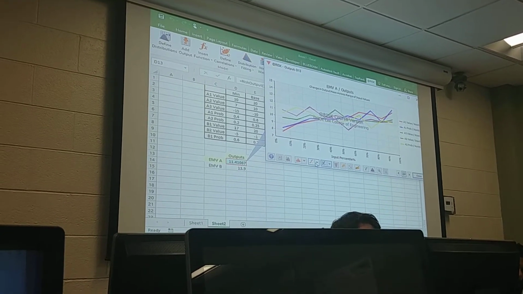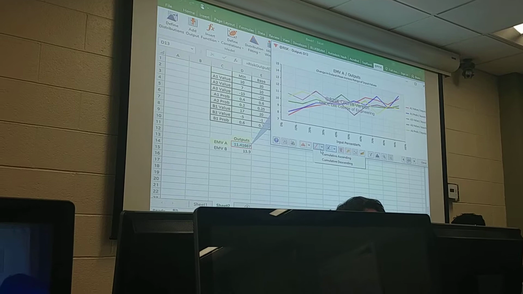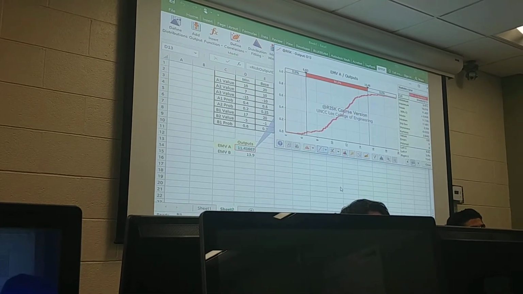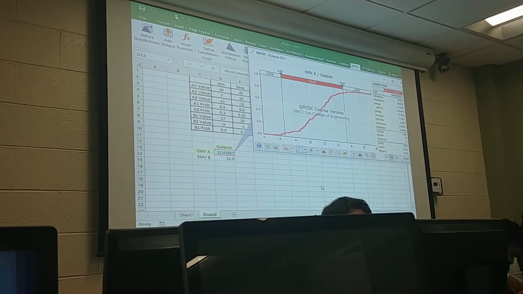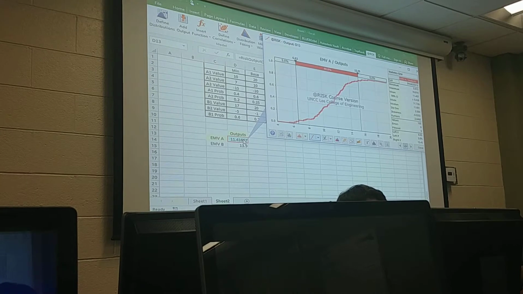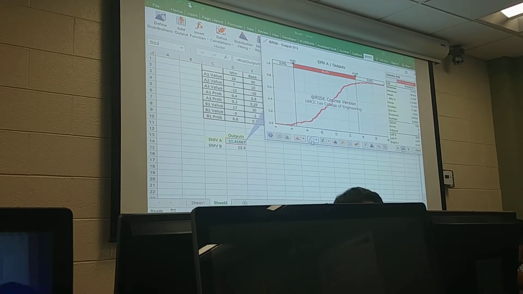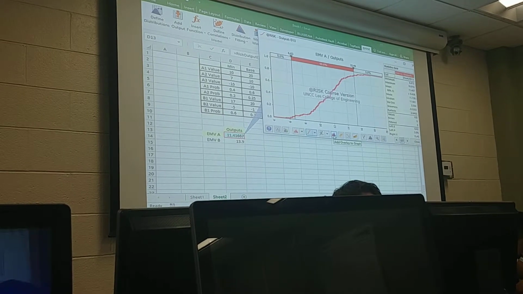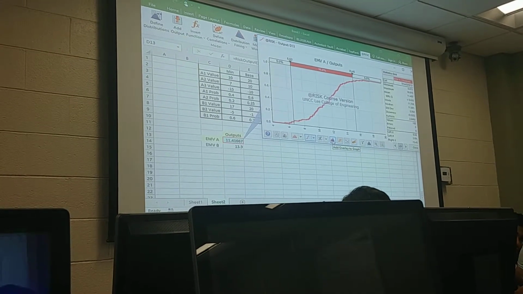So when I run the simulation, I go to this cumulative ascending, which fits a cumulative probability distribution graph to the distribution of each of these EMVs. So I have it for EMV of A, and then I can go to this option where I can add overlays to this graph.